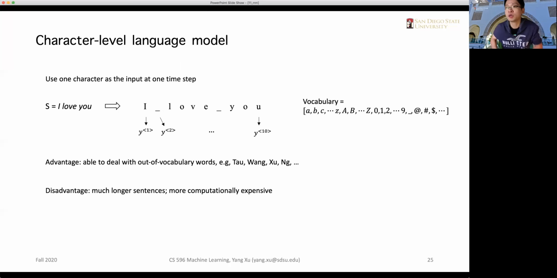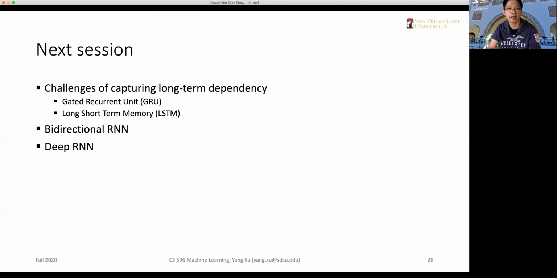All right, so that's so much for the lecture today. And from the next lecture, we're going to talk about how to deal with the challenge of capturing long-term dependencies by introducing gated recurrent units. We're talking about two types of networks: gated recurrent units, GRU, and LSTM, long short-term memory.